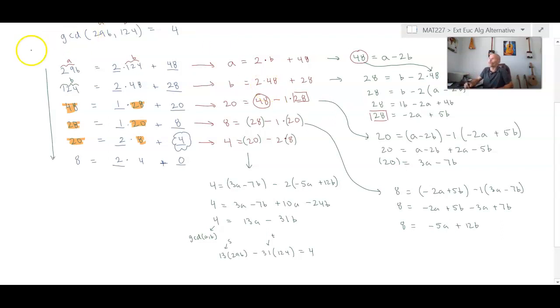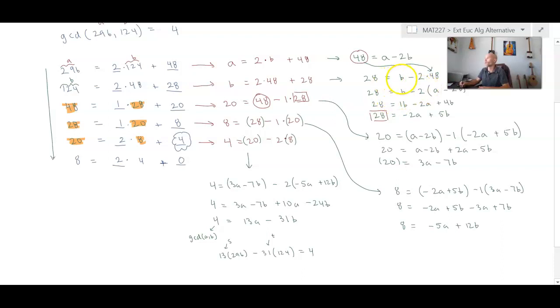So to kind of recap, circle back to the top, the first thing we did is the first two lines gave us expressions for A and B. So anywhere we had a 296 or a 124, we put in an A and a B as appropriate. Once we had that, then we started in the second line, solved for the remainder, and then for 124 and 48, made substitutions.